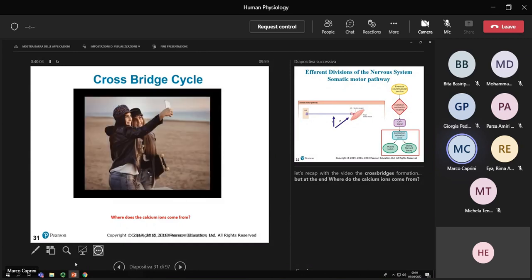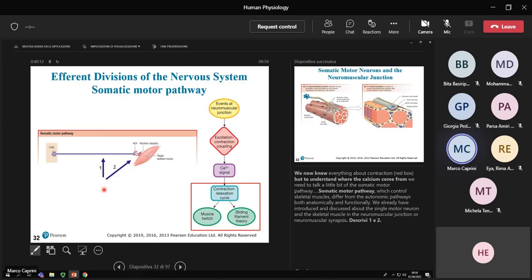Okay, and now the next point is to understand how the entire process occurs. It means how the calcium is released inside of the cell.